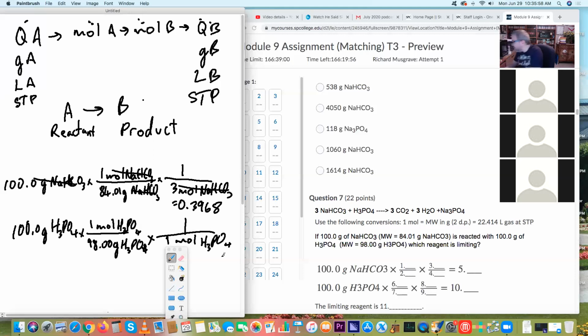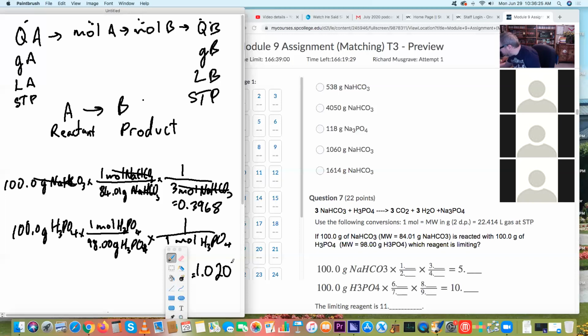The 1 mole is from the fact that if we look at the reaction, it's just a 1 here. So you can see we're taking into account 2 things, the number of moles we have and the number of moles that are used in the reaction. That allows us to come up with another figure, which can be compared. I get 1.020.